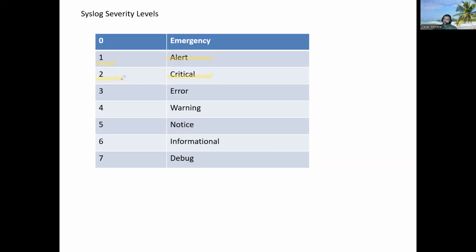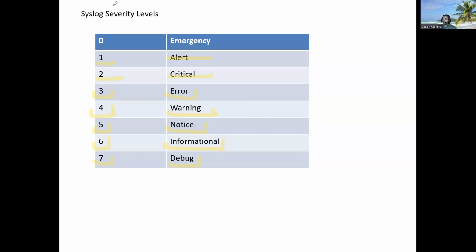The critical level is number 2. The error level is actually 3. The warning is 4. Now notice the notice message is actually level 5. The informational message is level 6. And the debug message is level 7.